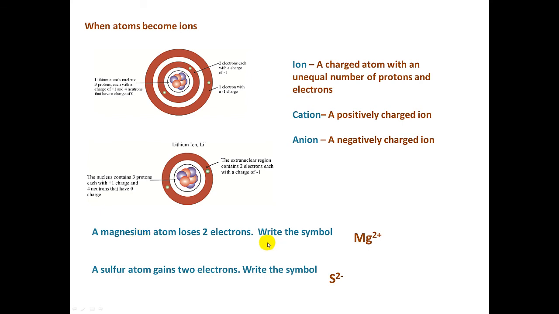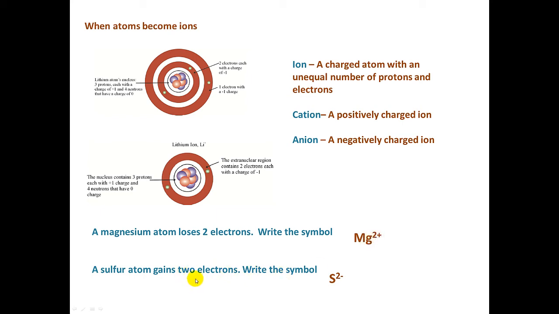So we have to use symbols in order to represent ions. When an atom becomes a cation, we write the element symbol and then we write the charge. So magnesium will lose 2 electrons to become the magnesium ion. If a magnesium atom loses 2 electrons, it's going to have a positive 2 charge.